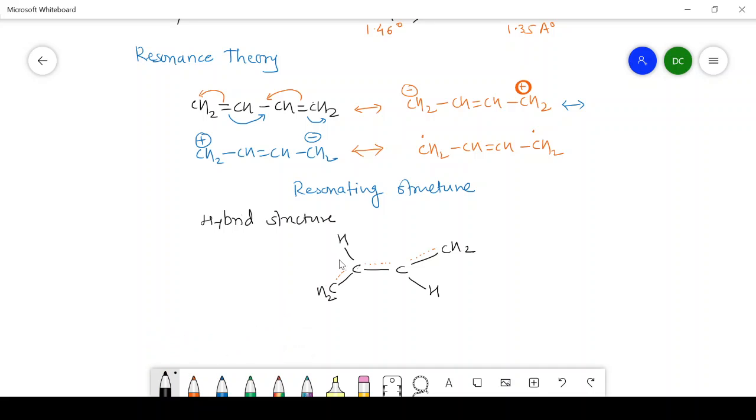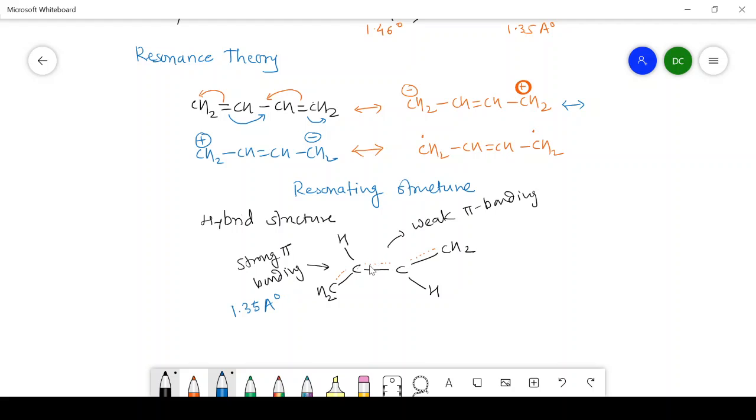Now, at this carbon and carbon, there is a strong pi bonding, and in between these two carbons, there is a weak pi bonding. Now, as there is a strong pi bonding, the carbon double bond carbon bond length is somewhat increased, and it is about 1.35 angstrom.